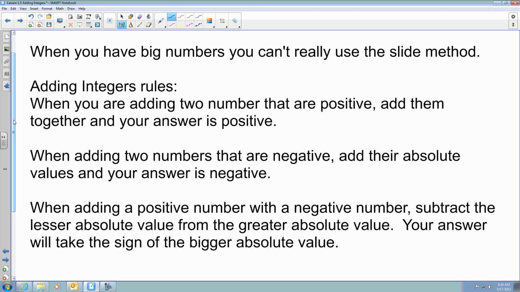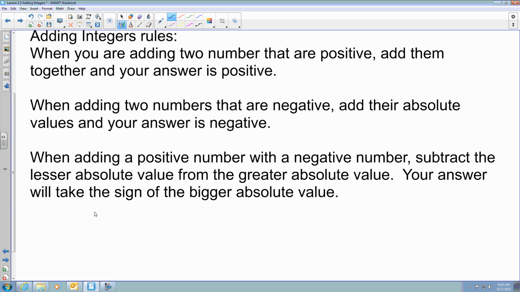When you're adding two numbers that are negative, you add their absolute values, and your answer is always negative. The last one is when adding a positive number with a negative number, subtract the lesser absolute value from the greater absolute value, and then your answer will take the sign of the bigger absolute value.